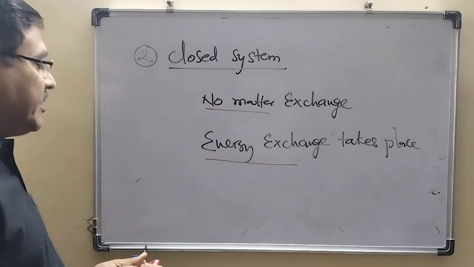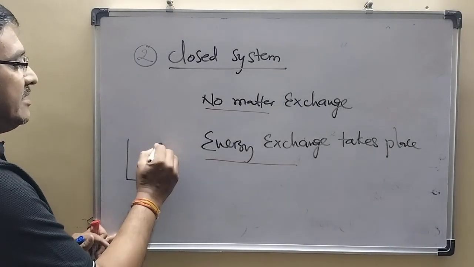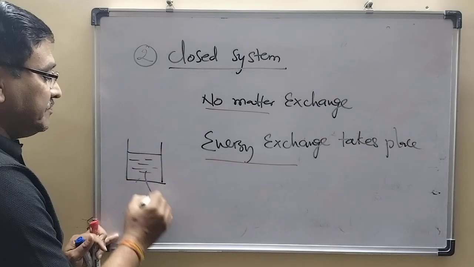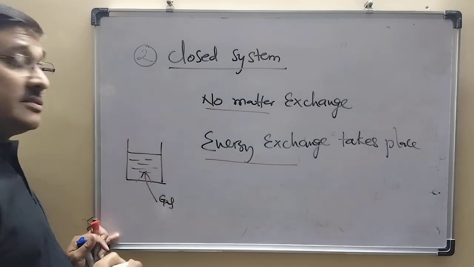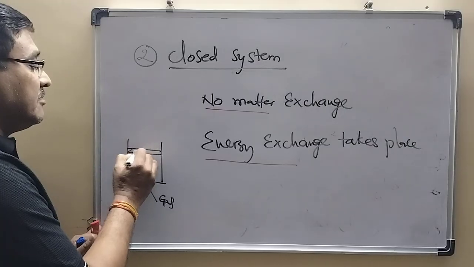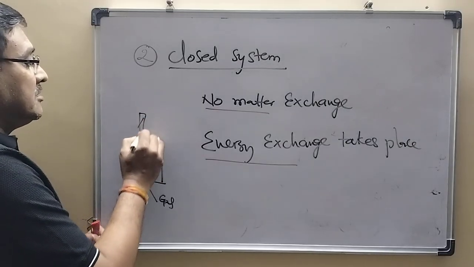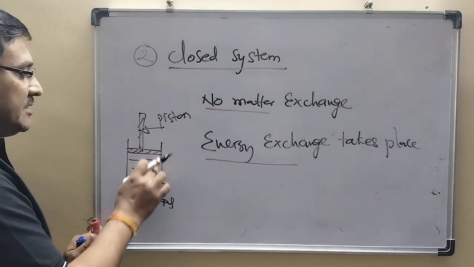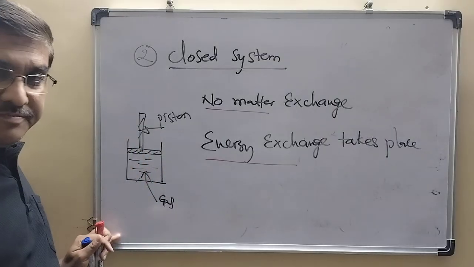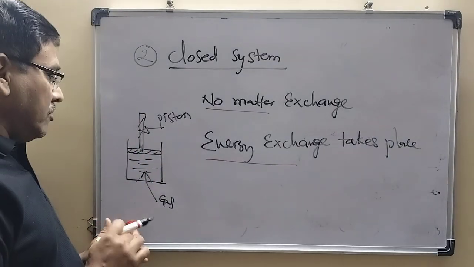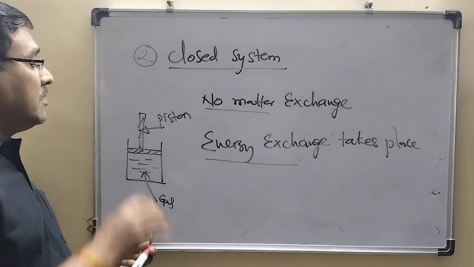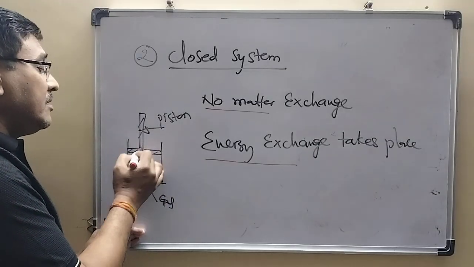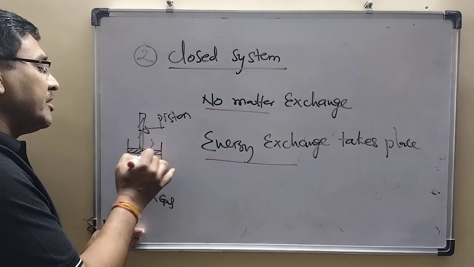Example, let me take up a cylinder where gas is present. This is the gas in the cylinder. There is a piston arrangement. This is the piston. It is a closed one. The gas is completely in the cylinder, closed with the piston. Clear? Now, observe carefully this system. The gas, the matter, there is no exchange of the matter from this boundary because it's a closed one.